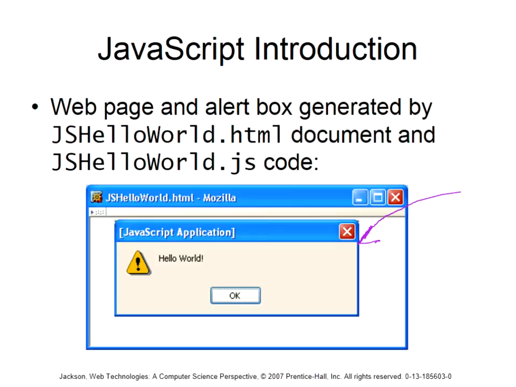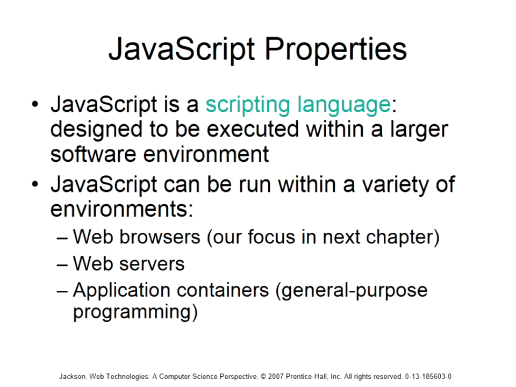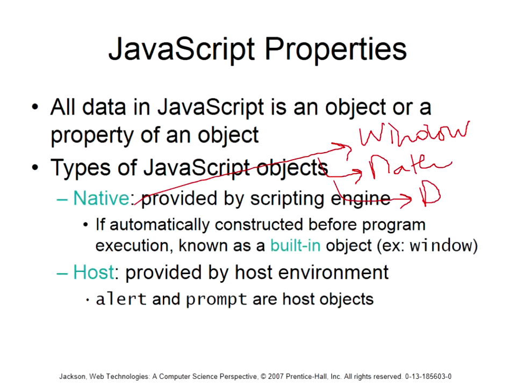But also there is another type of objects provided by JavaScript, the native object. Examples of native objects: window, it's a native object; math, the object of mathematics; date is also a native object.